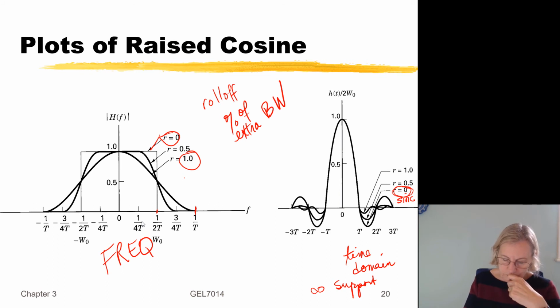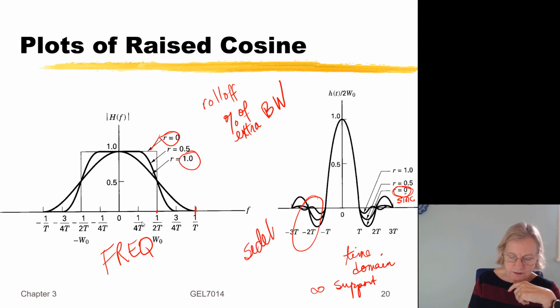So let me now look at the time domain and what's going on as I change the roll-off factor. As I change the roll-off factor in the time domain, we can see the size of the side lobes is changing. Or we can think of it as how quickly the time domain signal is going to 0.